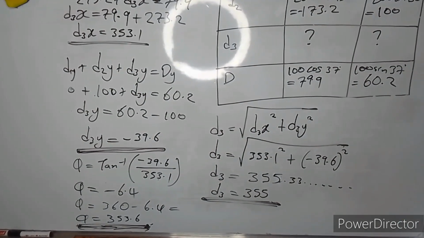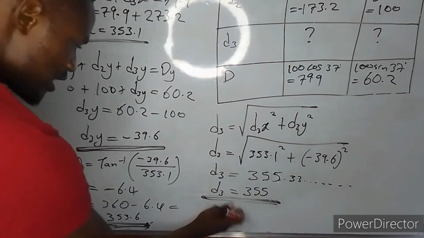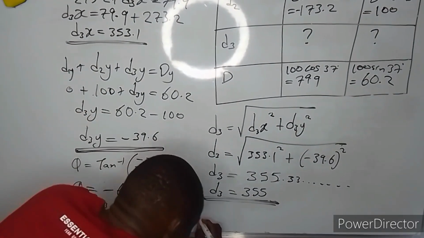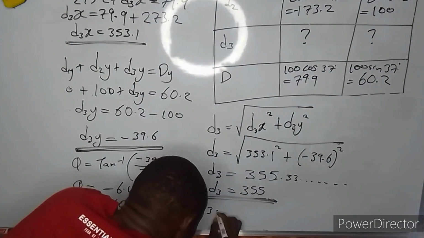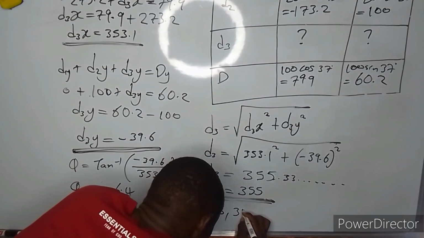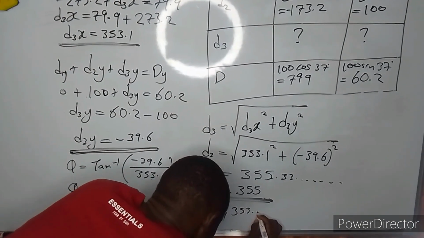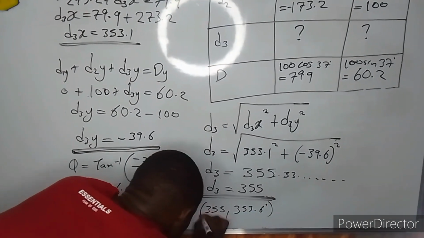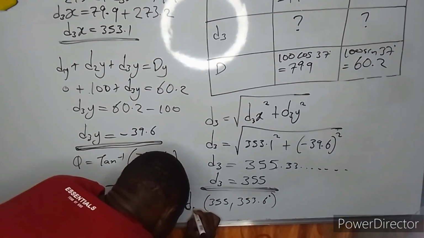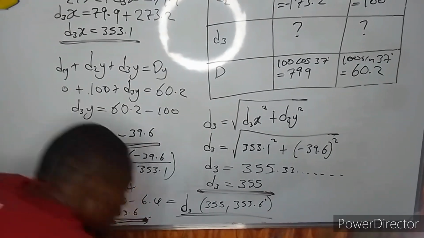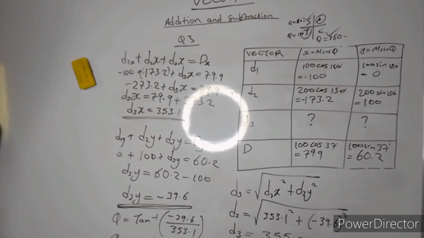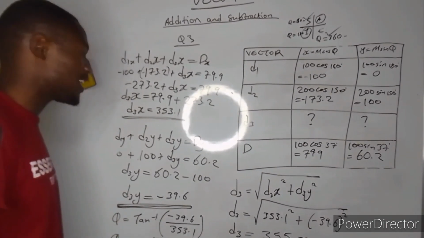Our final values: this is the magnitude, this is the direction. The values are 355 and 353.6 degrees. These are the magnitude and the direction of D3. Now, this is our final answer.